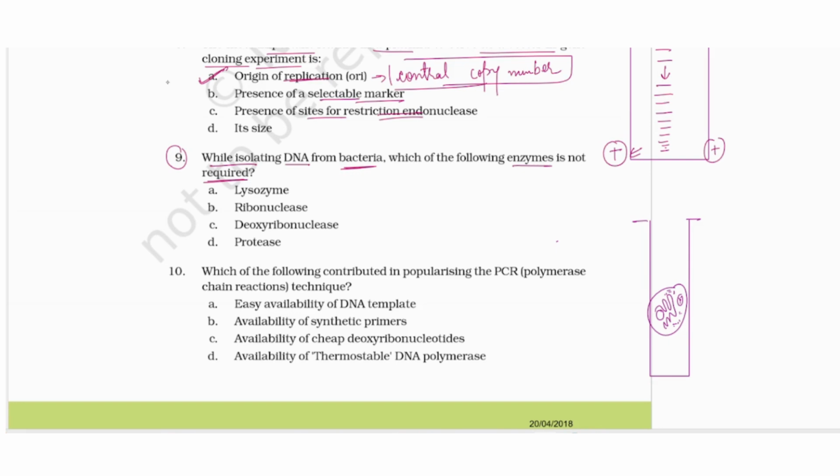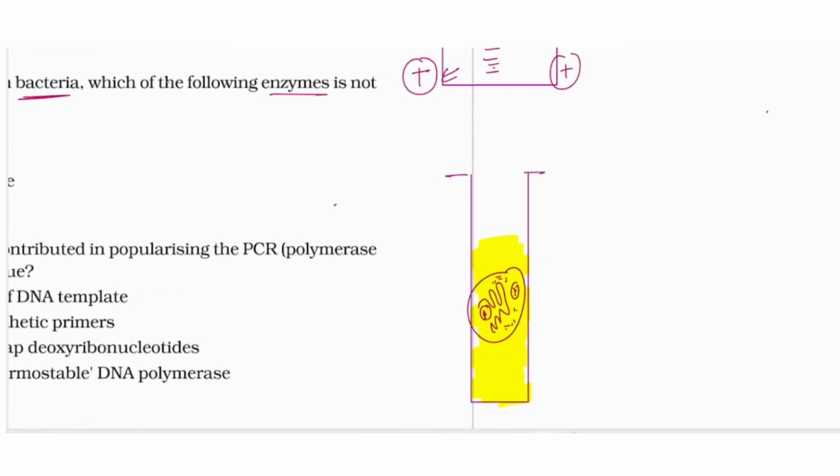If we have this cell in a solution in which it can survive, how do we reach the DNA? Because we need our DNA from this test tube.